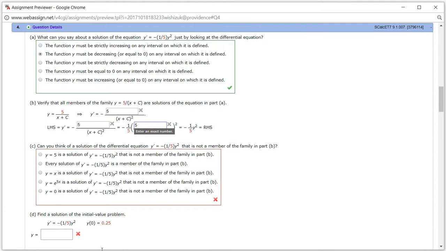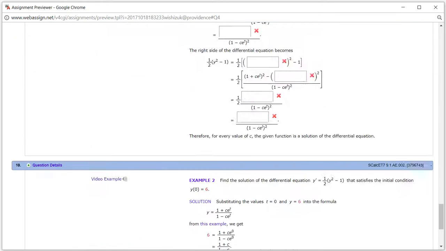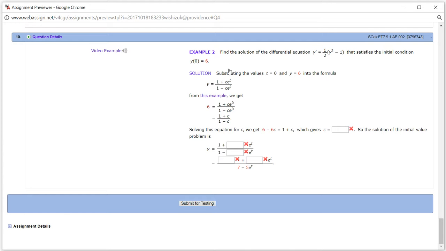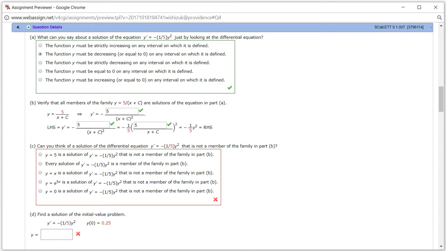The reason why we put the 5 squared is that we need 5, but we have an extra 5 on the bottom, so that will cancel one of the 5s out. All right, so I think that's the answer. So let's submit for testing. All right, it came back and let's see, we got all of these correctly.